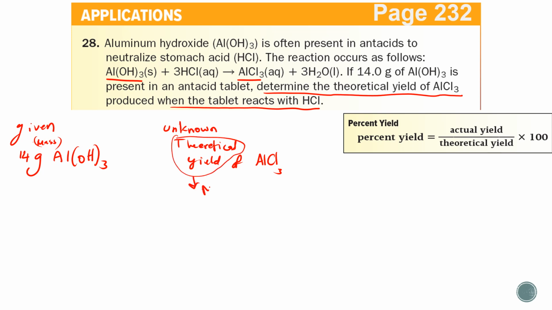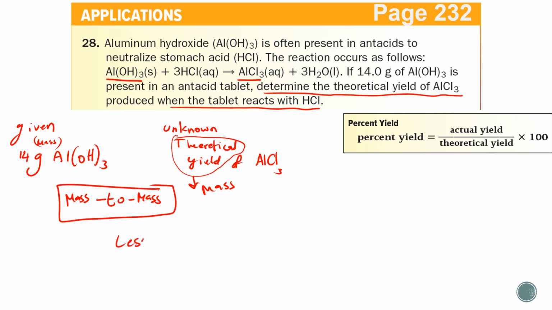You know it means the mass, right? So actually they give you the mass and they want the mass. So this is a mass to mass problem from lesson 2. ما في شيء جديد أو غريب. Okay, so this is a mass to mass problem from lesson 2, and that's what they mean.